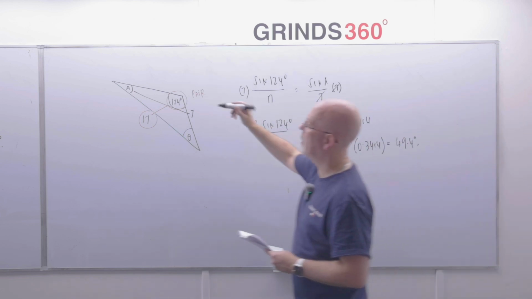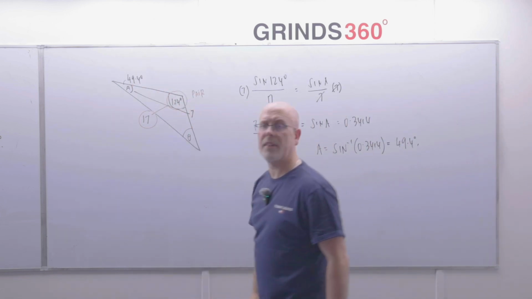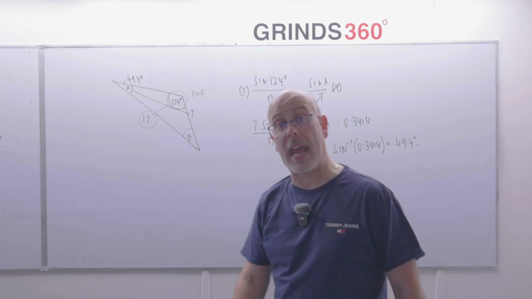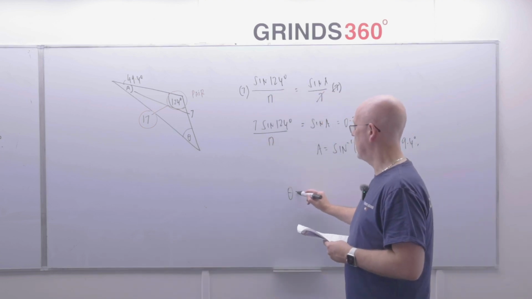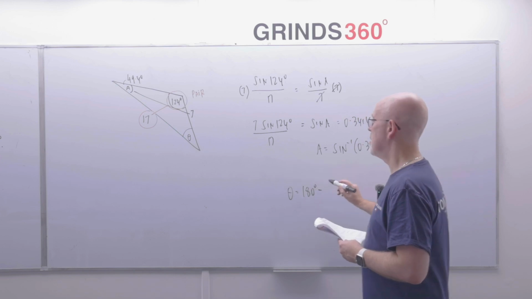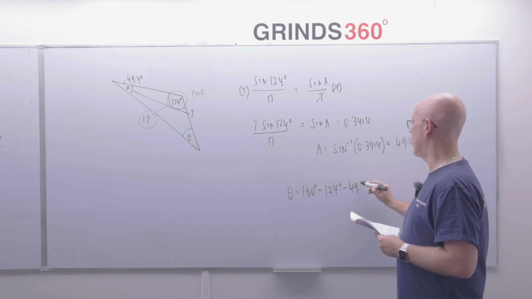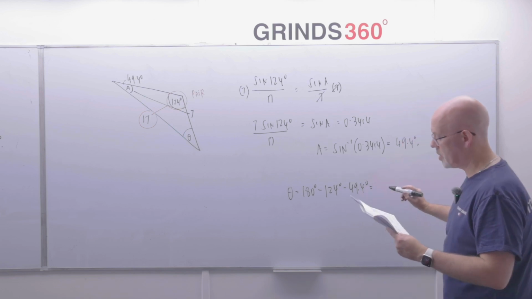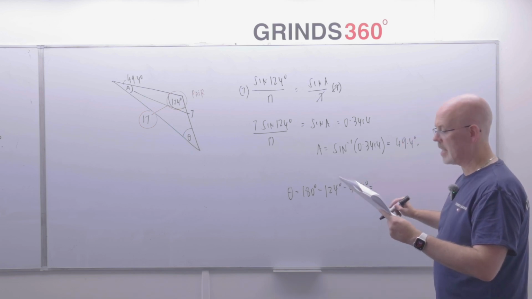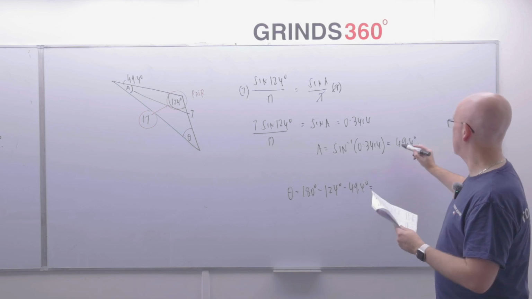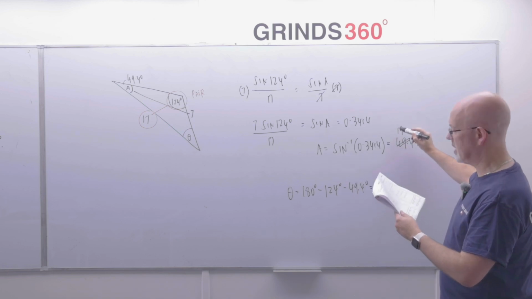So this angle up here is 49.4 degrees, and that means if I subtract the two angles I've got from 180, I've got theta, because the three angles of the triangle add up to 180. So theta is 180 degrees minus 124 minus 49.4 degrees, and that's about 19.96, which is about 20 degrees to the nearest degree.